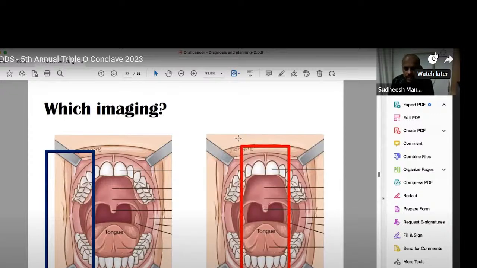If the lesion is located in the midline, for example, the tongue, floor of the mouth, and the soft palate, these are more or less soft tissue structures. In such cases, it is better to go for an MRI scan, except the hard palate. Hard palate is a bony structure, and in such cases, you go for a CT scan. Otherwise, for midline structures, MRI scan is the imaging modality of choice.